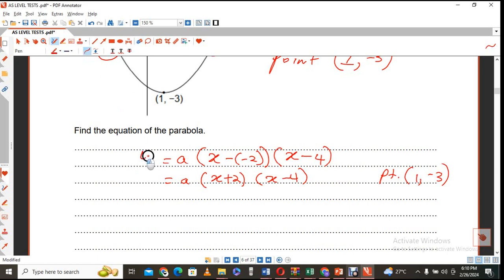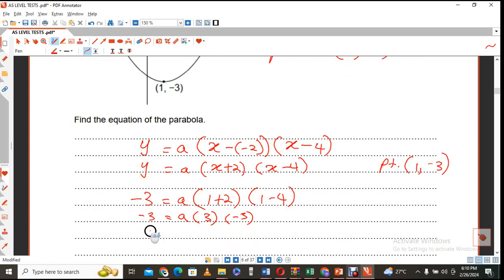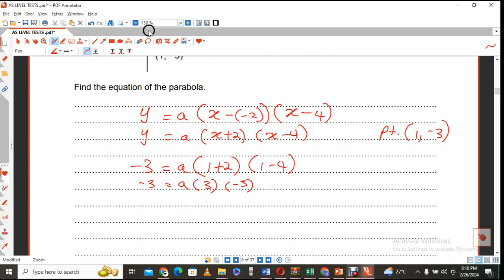Here I'm just going to leave it as y, and now I'm going to put negative 3 equals a, where x is 1: 1 plus 2, 1 minus 4. Of course, this is a, this is 3, and here this is negative 4 plus 1, that's negative 3. Very important that you should remember that. And then obviously you multiply that negative 3 with the other 3, which gives you negative 9a equals negative 3. Of course, a will be negative 3 over negative 9, which is a third.